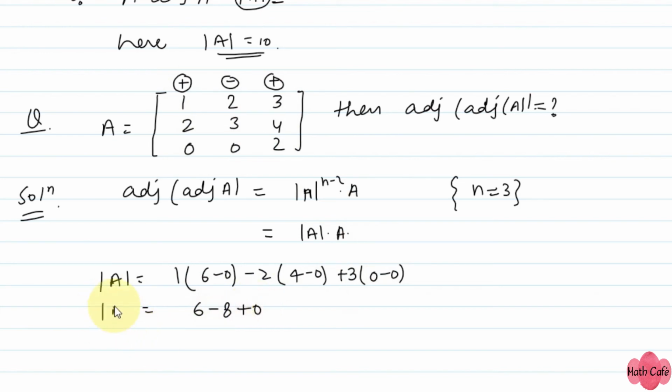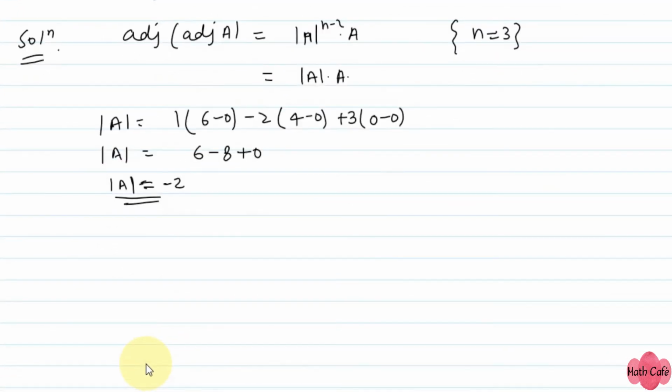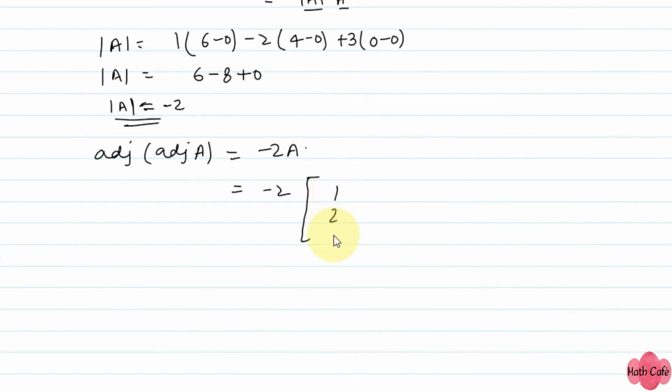Finally, determinant value of A is minus 2. So adjoint of A will become determinant value of A multiplied by A, so minus 2A, that is minus 2 times the matrix 1 2 0, 2 3 0, 3 4 2. That is our final answer.